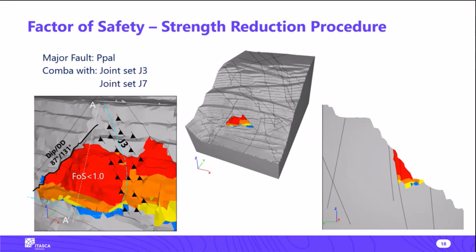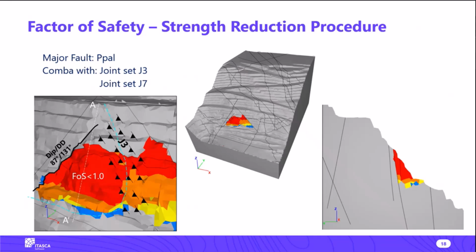He started with a simple Mohr-Coulomb, and then he used one set of ubiquitous joints, and those attempts were not successful at reproducing the type of damage observed at the site.